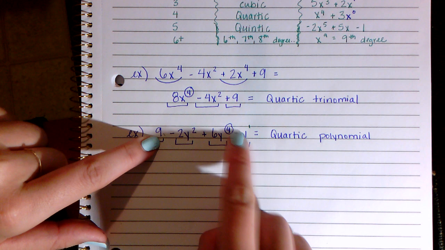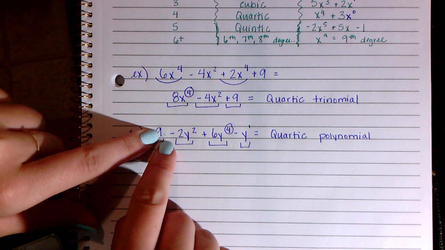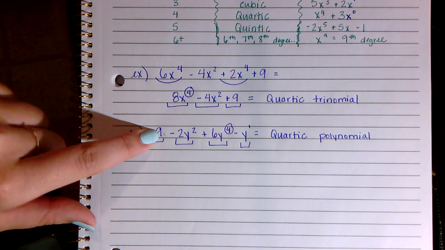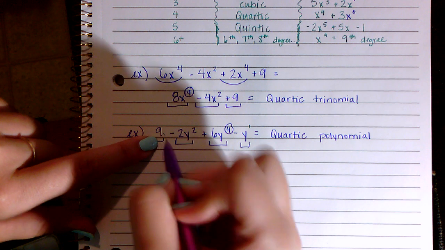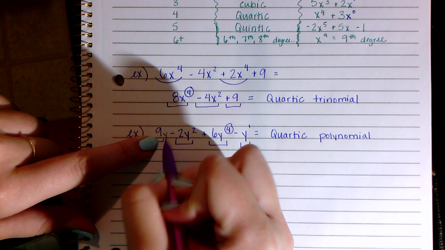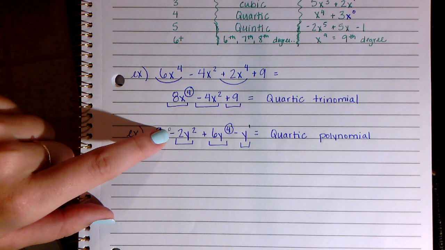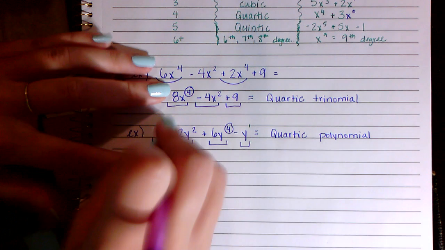So 9y minus y is actually 8y. So I can't just add a y, because that would have an invisible power of 1, right? So if I wanted to add a variable to this, to keep it to be 9, I'd have to add y to the 0 power, because anything to the power of 0 is 1. So that would be 9 times 1, which keeps it 9.